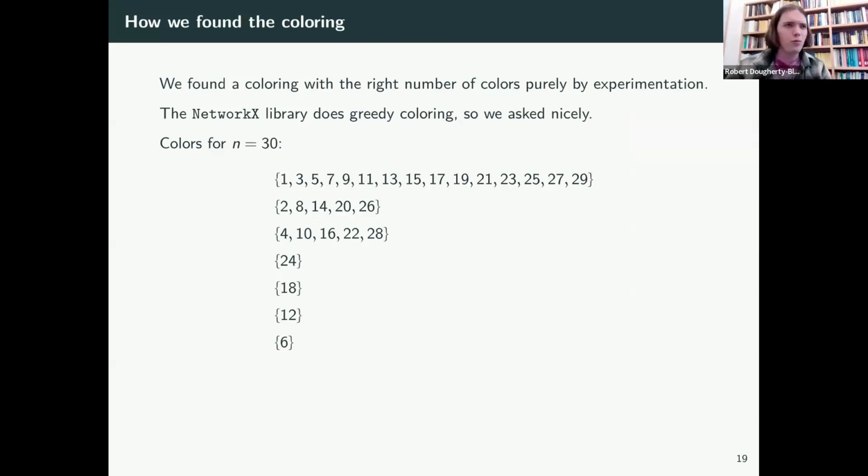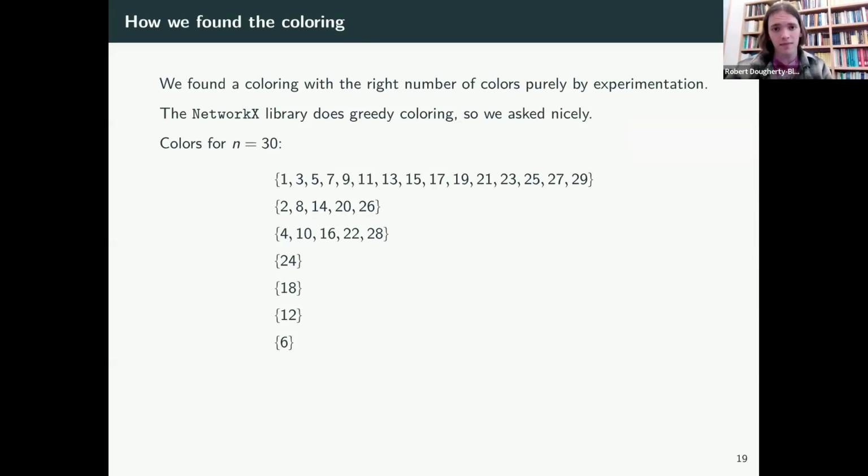It doesn't claim to do the best coloring, it doesn't compute the chromatic number or anything, but it does greedy coloring. So we just fed it different graphs and said, give us some colors and see what we can find. If you feed it the n equals 30 graph, you get these colors.